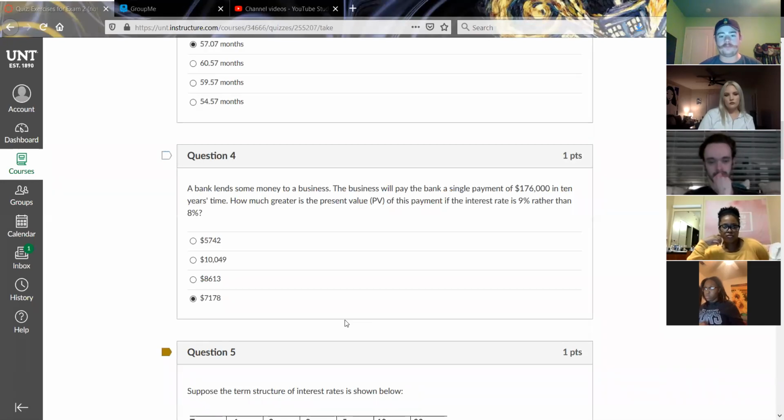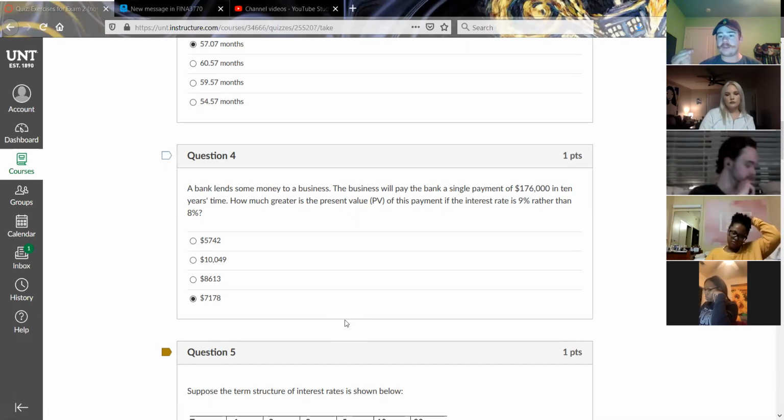So you're trying to find present value. You know that it's 10 years, so you put 10 as your N. Your percentage is going to be 9 the first time and then 8 the second time. You're looking for present value on both of these. You know that it's going to be a single payment, so you put 1 for both.